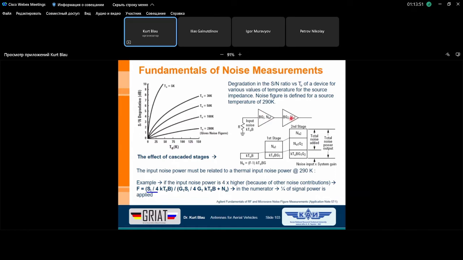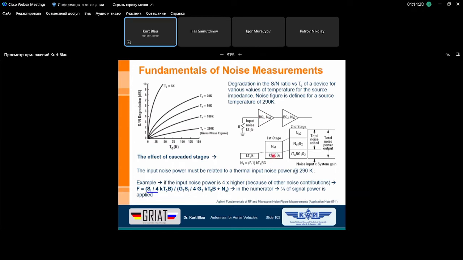What happens if we look at the overall noise behavior? Here we have our input noise, only thermal noise, given with this formula. It's the same as here, it's clear. Then we have the first stage. The first stage amplifies the thermal input noise, this value, with the bandwidth given by this amplifier, multiplied by G1, the power amplification of the first stage.